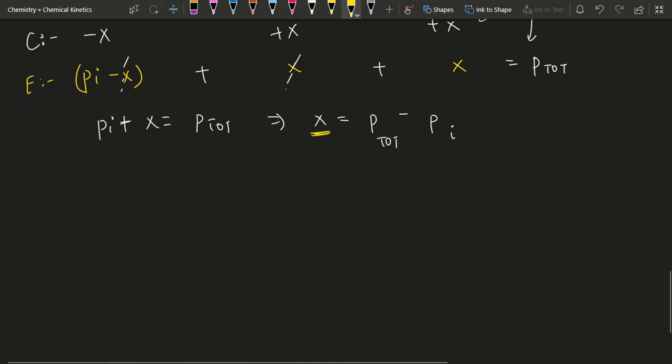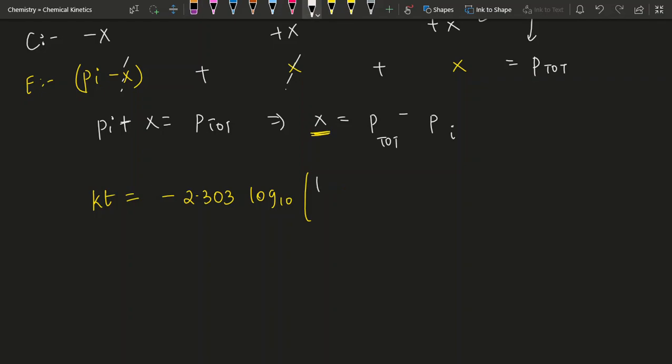you can refer back to the equation that we had. So kt equals negative of 2.303 log to the base 10 of pressure instead of concentration. I was going to write the concentration, but we would write pressure at time t over the initial pressure.